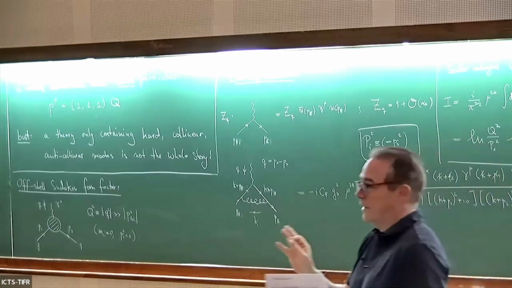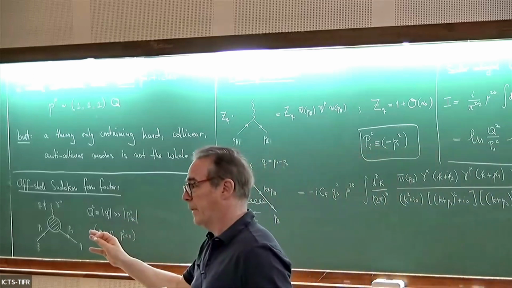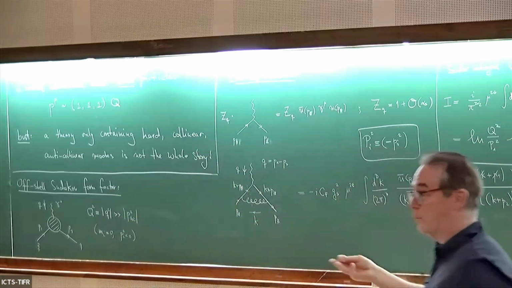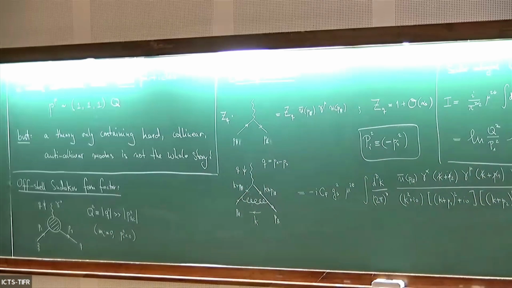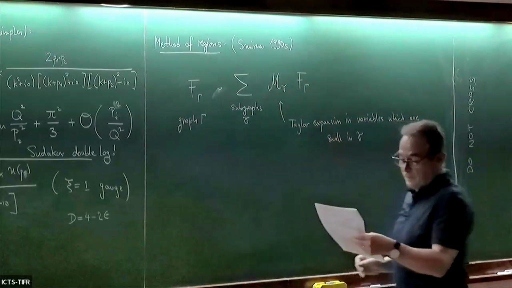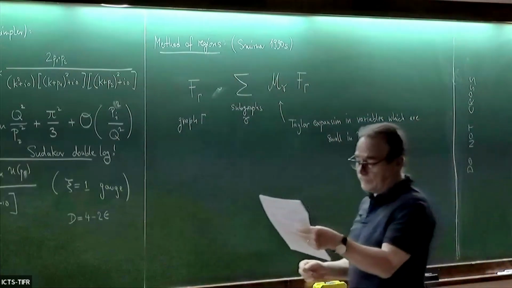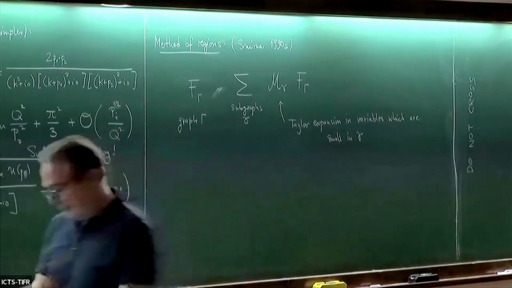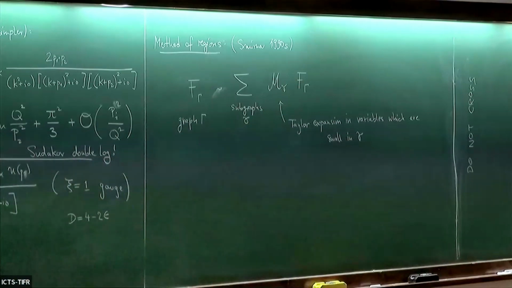Never the exact result, but as a series expansion. But you must include all possible subgraphs. So that's the art, is to find what are the subgraphs that could contribute to this diagram. Well, this is a finite set of regions, and then the sum of those regions will reproduce the correct result.